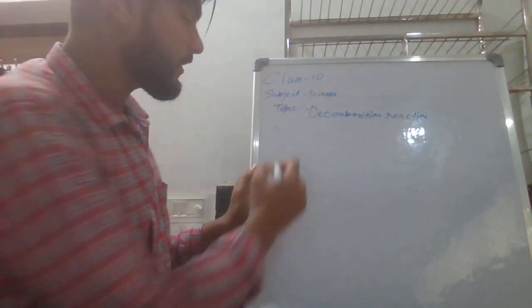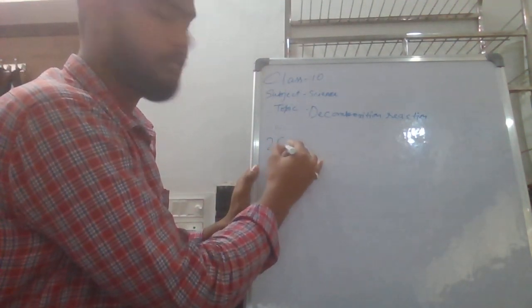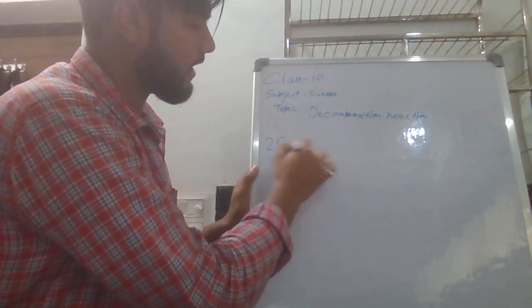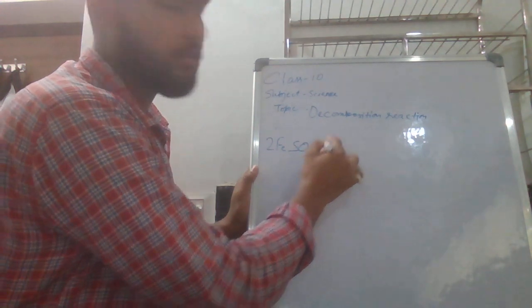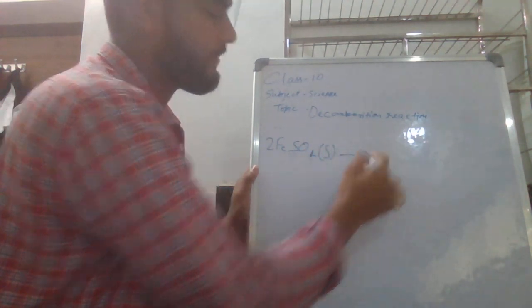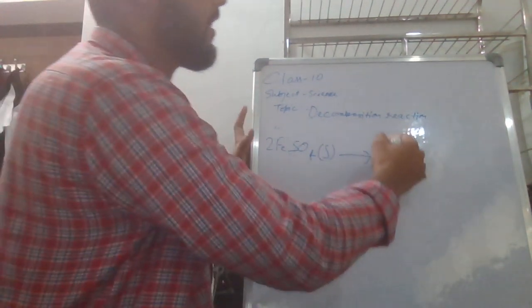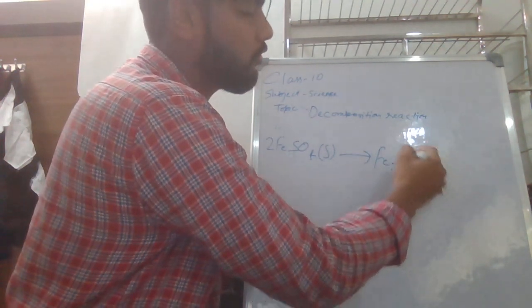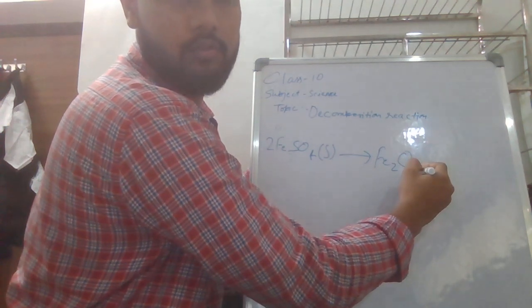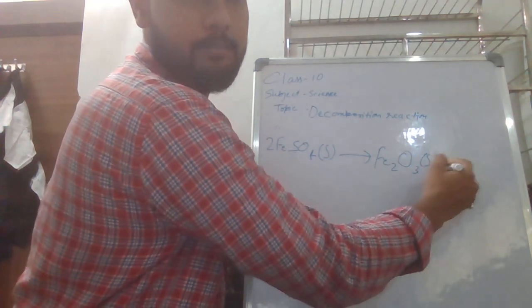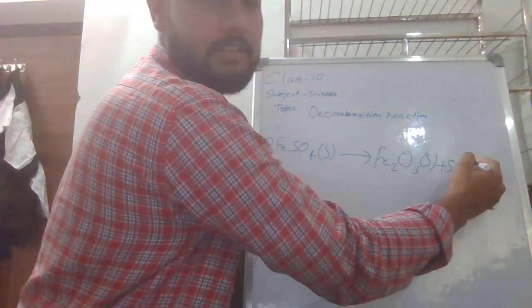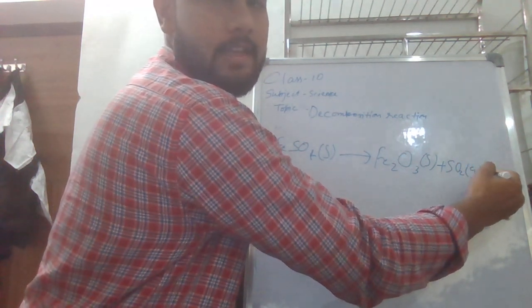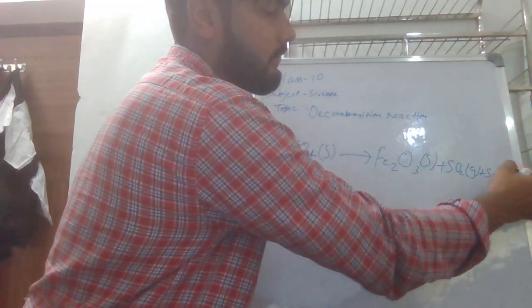So here is the equation: 2FeSO4 as its reactant, arrow, Fe2O3(s) plus SO2(g) plus SO3(g).